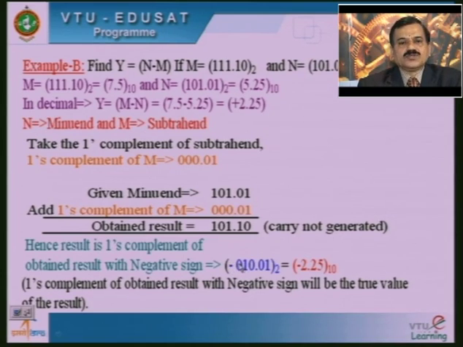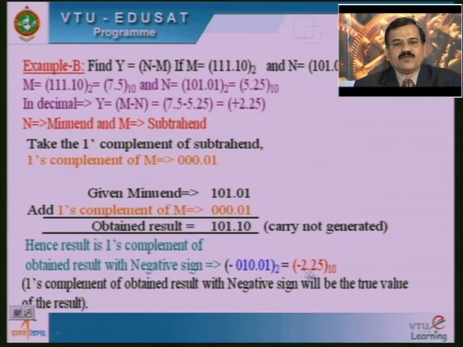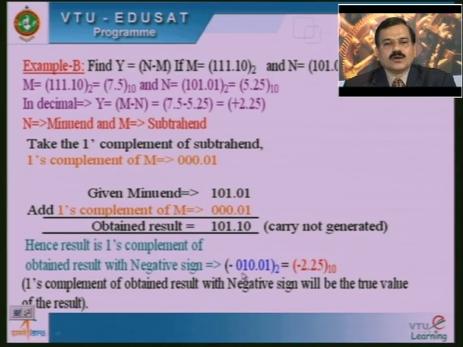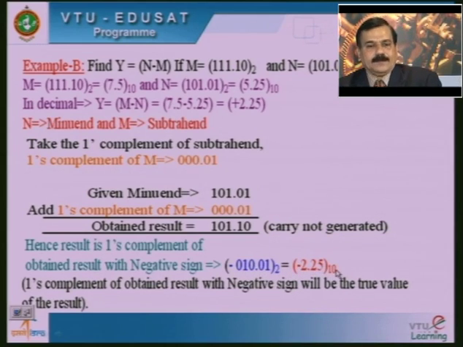So that 010 portion of the binary value is exactly equal to 2 in decimal, the fractional value 0.01 in binary is exactly equal to 0.25, and with the negative sign, minus 010.01 base 2 is equal to minus 2.25 base 10. So our conclusion is that the one's complement of the obtained result with negative sign will be the true value of the result.